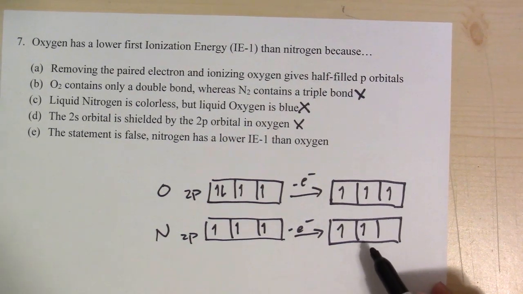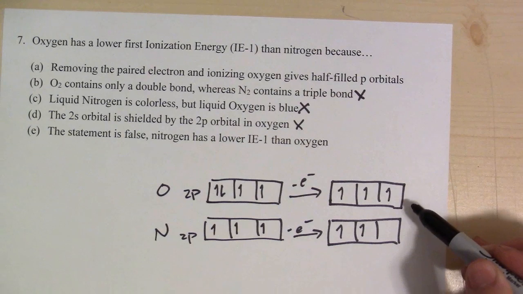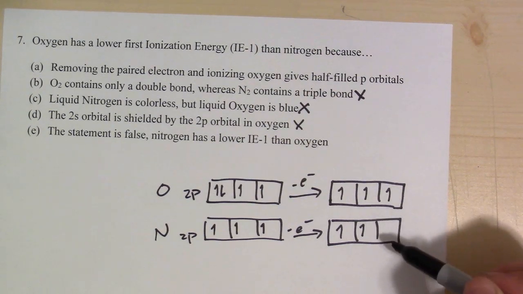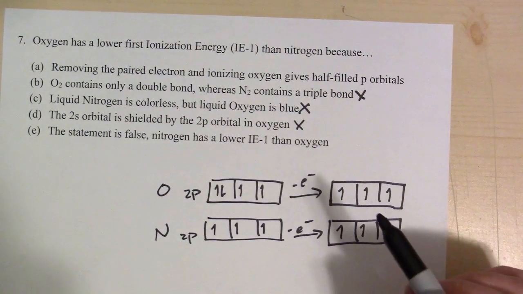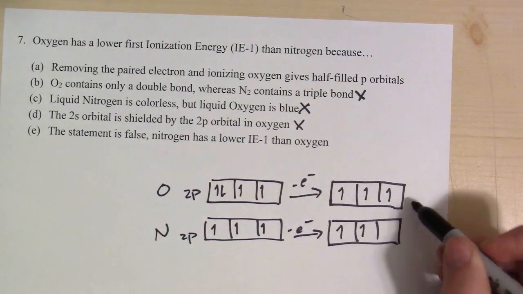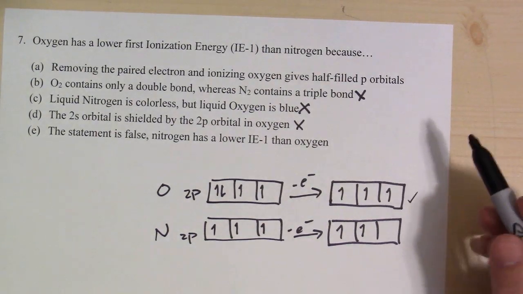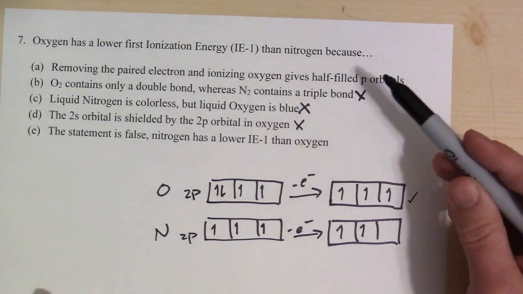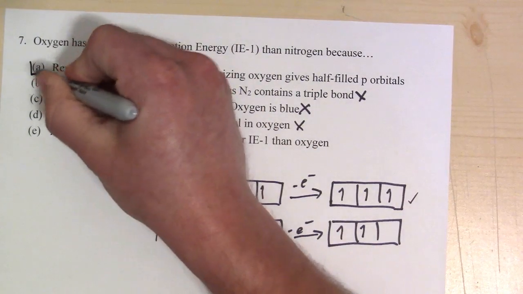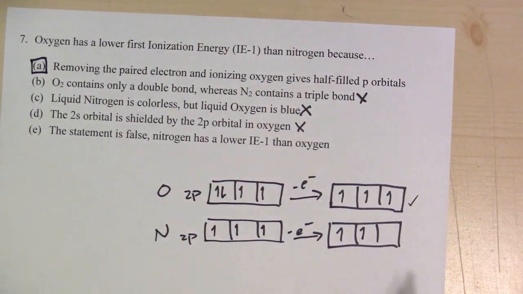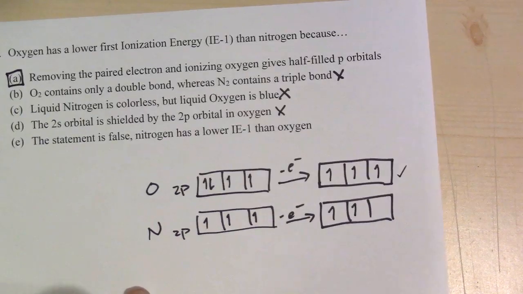So that would lead me to believe that oxygen is easier to ionize than nitrogen. So if we look at A, removing the paired electron and ionizing oxygen gives half-filled p orbital. That is true, and that is the reason that oxygen has a lower first ionization energy than nitrogen. So the answer for 7 is A.